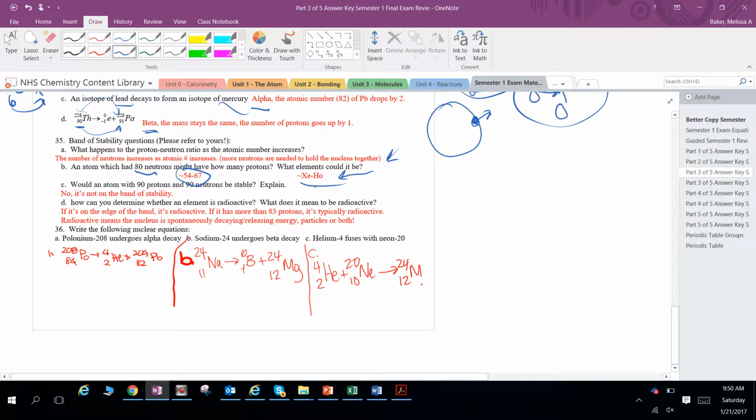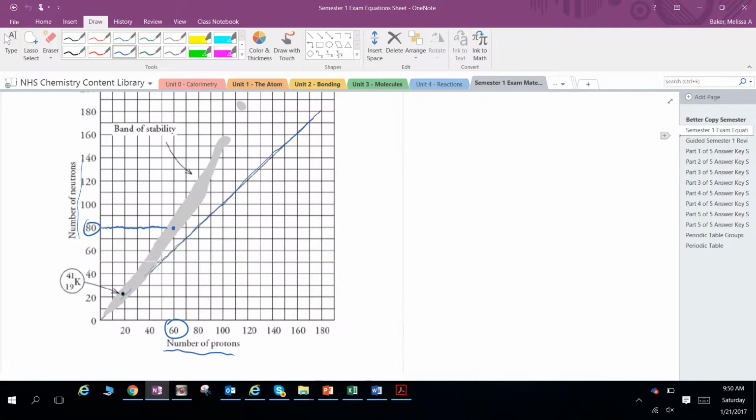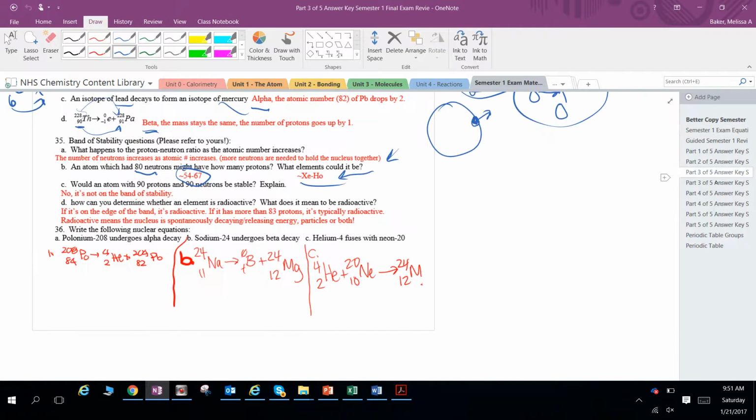Would an atom with 90 neutrons and 90 protons be stable? Okay, 90 protons, 90 neutrons. Let's graph it out. Heck no, that's not even close to being on that band of stability right there. How do you determine if something is radioactive?